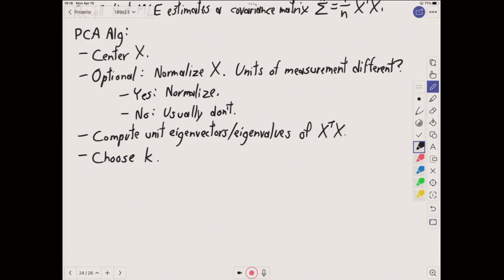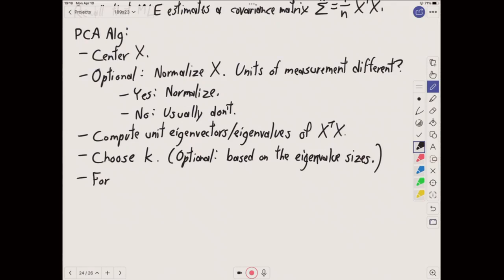But often there are better reasons to pick other k's. And one optional thing you can do is not predetermine it, but actually look at the sizes of the eigenvalues, compare them to each other, and use that to decide how many of the eigenvectors you need to use as your principal components.